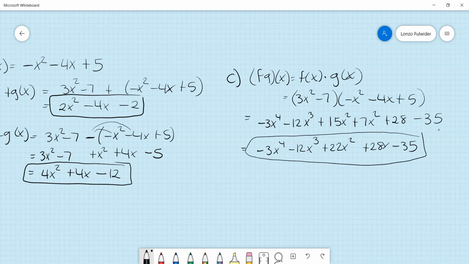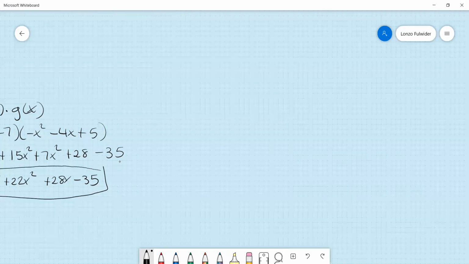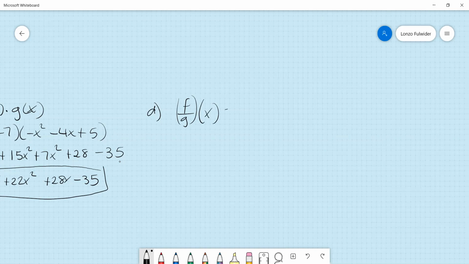I'm going to do part D right here because I don't have space. So part D, I think you're just dividing it. This is part D, (f/g)(x). That's f of x divided by g of x, so you're just dividing f of x by g of x.